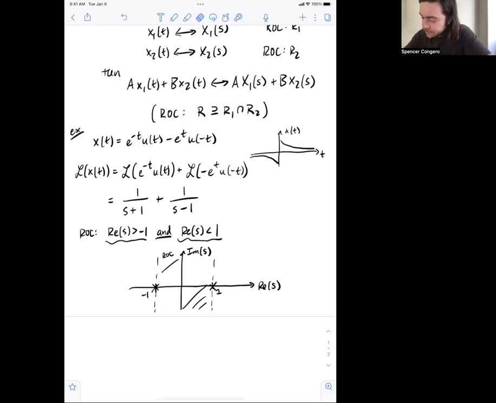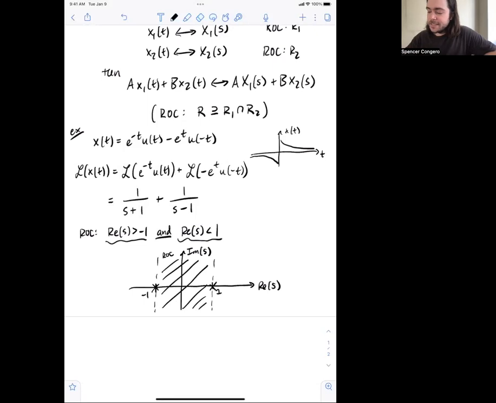And the reason that our ROC is this vertical strip, and not something going all the way to the right to infinity or to the left, is because our function here isn't just right-sided or left-sided. It's actually two-sided. Our function x of t is two-sided. It has non-zero values going both directions. And so that turns out to be why we get this middle strip for our ROC.